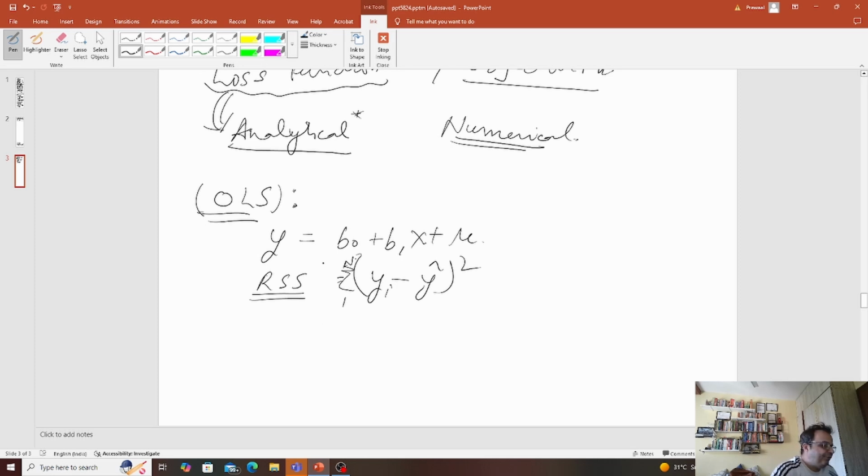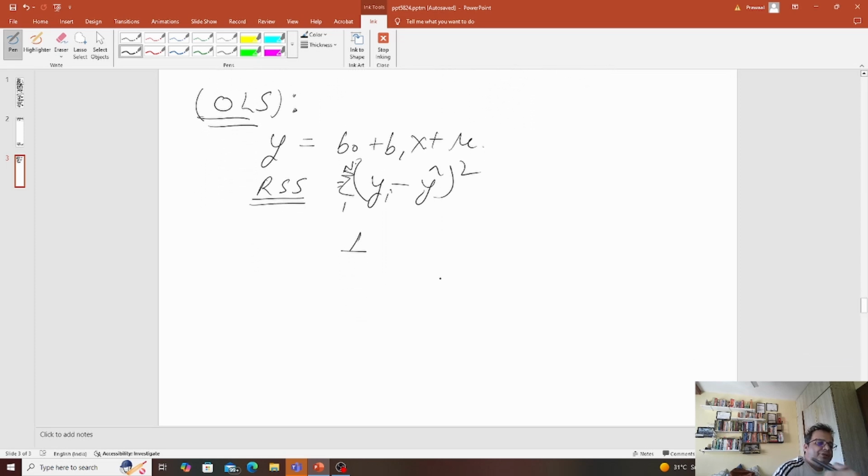And if you want to make the mean, because this is going to be for n values, very simple, we divide this by n, and then it is called mean sum of squares. Not too difficult to understand.